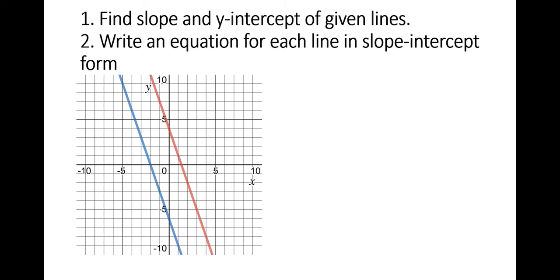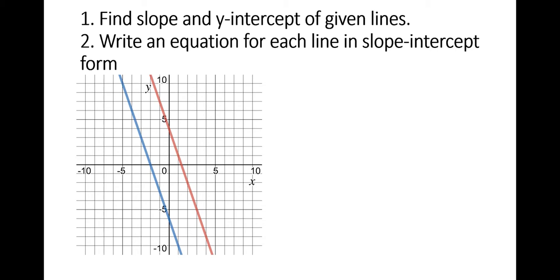Find the slope and y-intercept of the given lines. Write an equation for each line in slope-intercept form. You see in this example, the lines are a little different compared to the previous example. In the previous example, the lines were going up, like climbing the hill or skiing up, and both lines had a positive slope. In this one, both lines are going down.